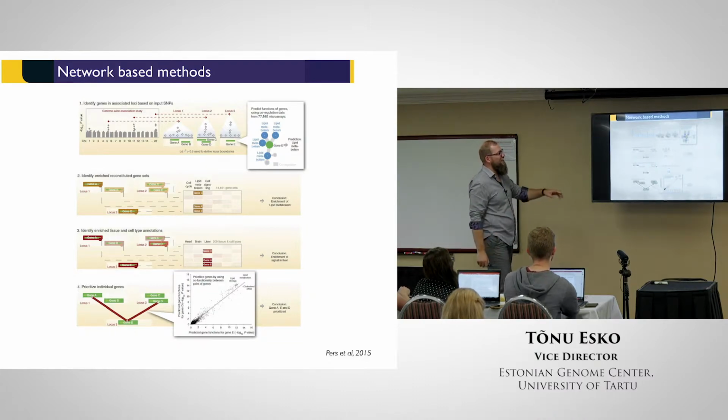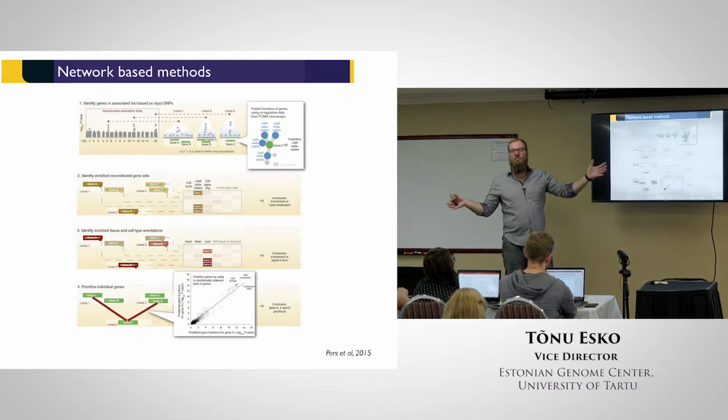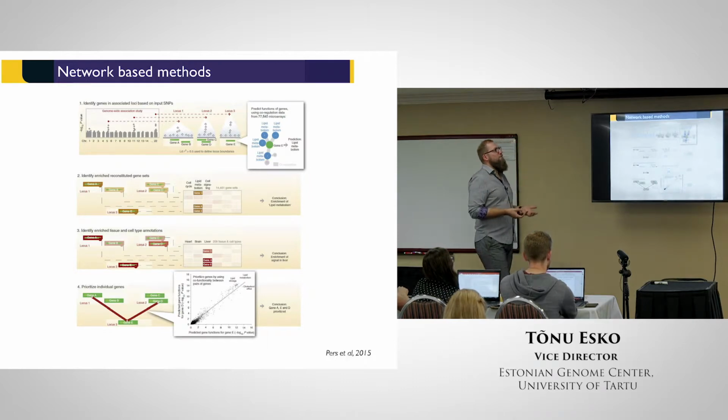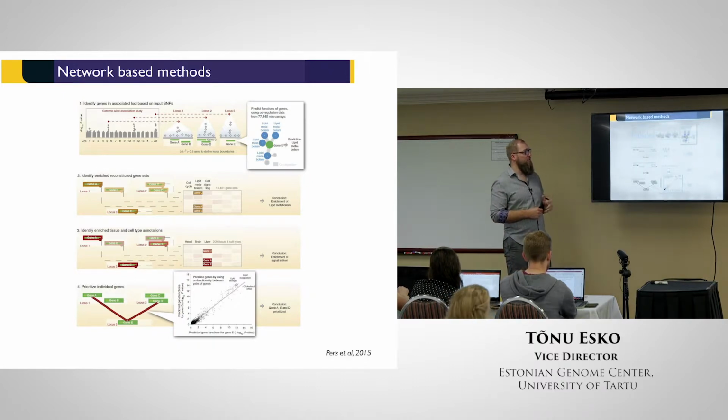Anyway, in principle you have a lot of loci, and you have to infer some kind of biology from there. And this is a tool still very much of use. It's called DEPICT. There is also a link in one of the last slides.